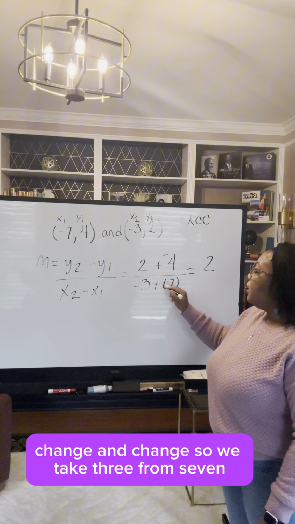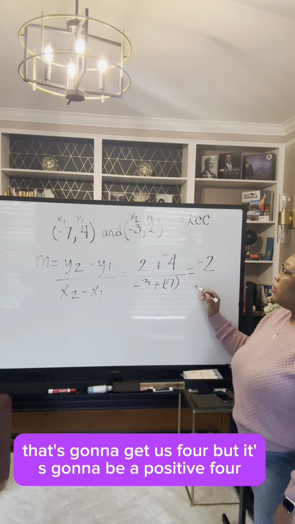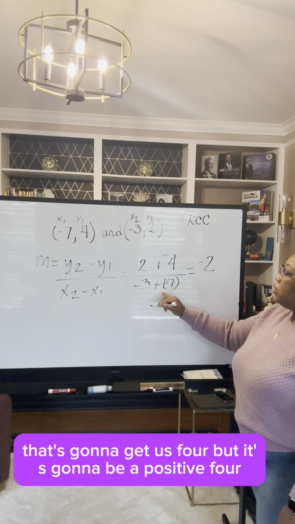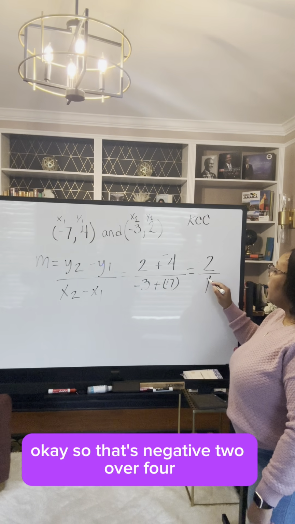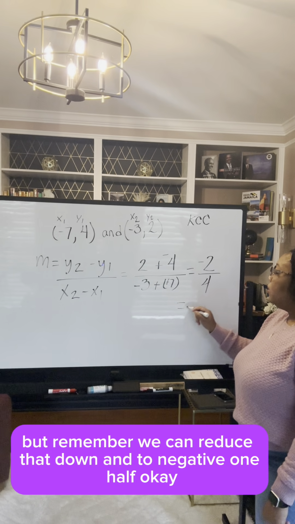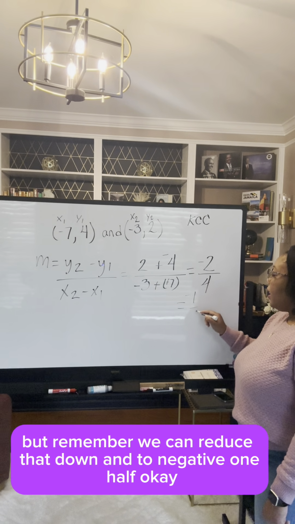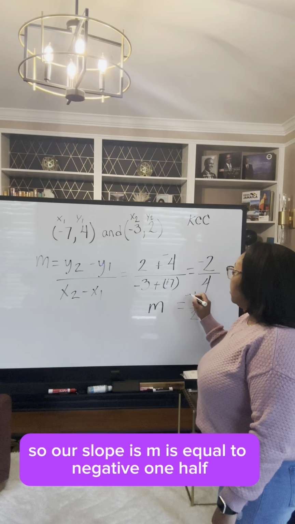Change and change. So we take 3 from 7, that's going to get us 4, but it's going to be a positive 4 because this absolute value is higher. Okay, so that's negative 2 over 4, but remember we can reduce that down into negative 1/2. Okay, so our slope is m is equal to negative 1/2.